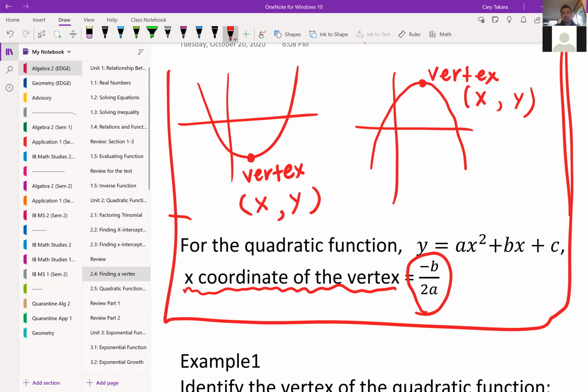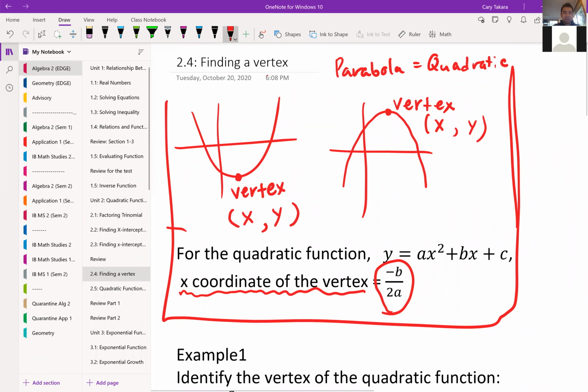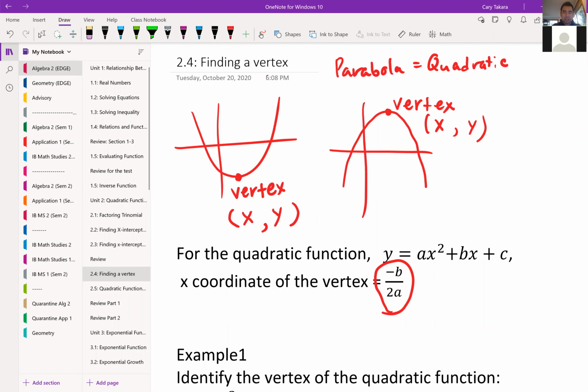So let's write it down up to this point, okay? I'll give you about a minute to catch up on writing, and then we will do an example. Maybe some of you are wondering, well, okay, how about the y coordinate? Well, we'll get to that when we do example number 1. Again, is everybody writing this in your notes?